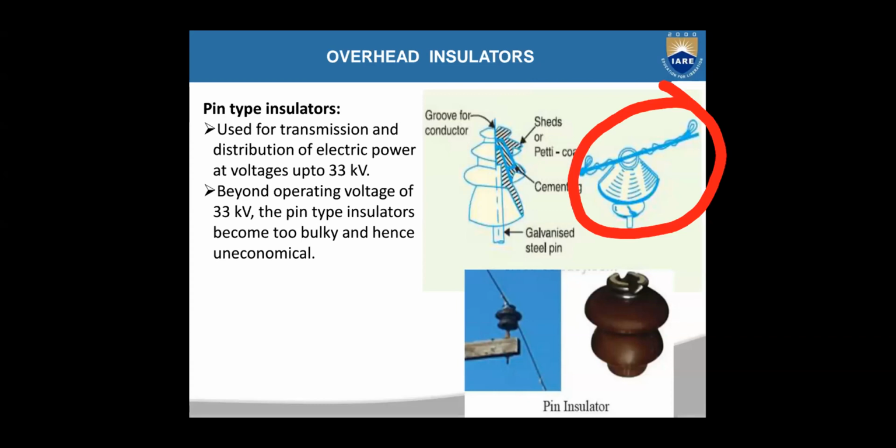Up to 33 kV you can use this pin type of insulator. Once the voltage level is more than 33 kV, we will not use the pin type of insulator because it is bulky and uneconomical. So this is about the pin type of insulator, which is generally used only for voltages up to 33 kV.